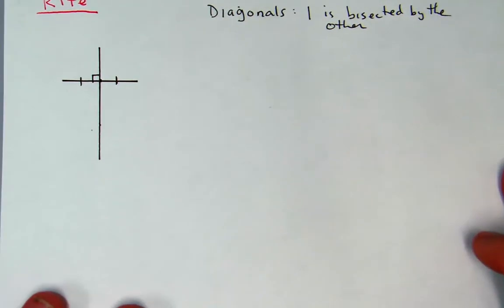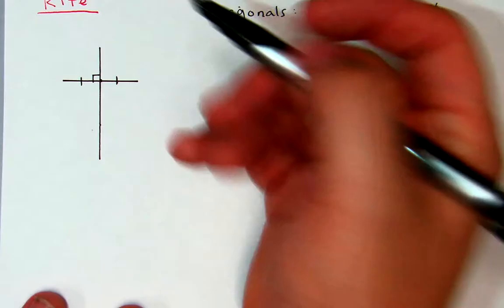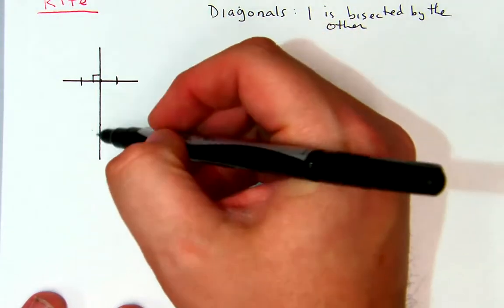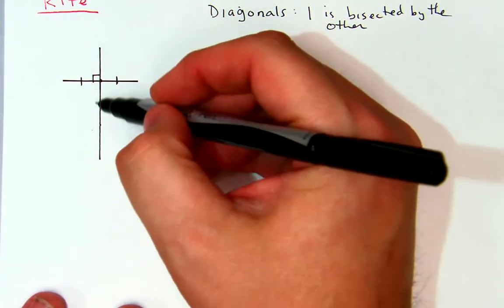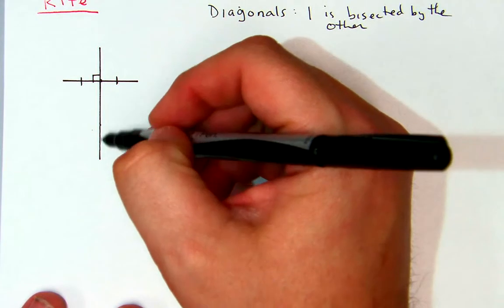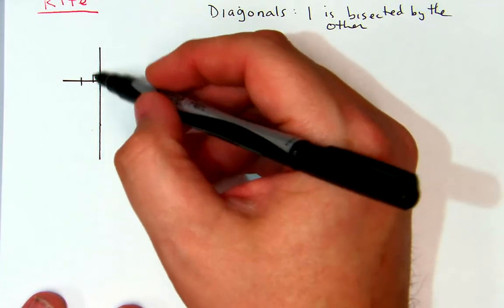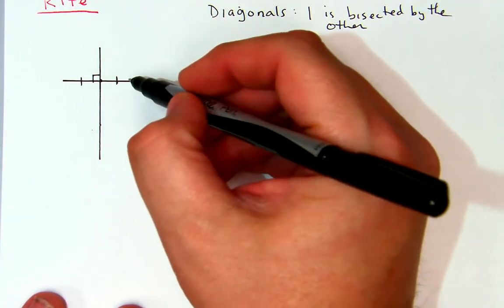Now, do you remember the perpendicular bisector rule? This is a perpendicular bisector of this diagonal.